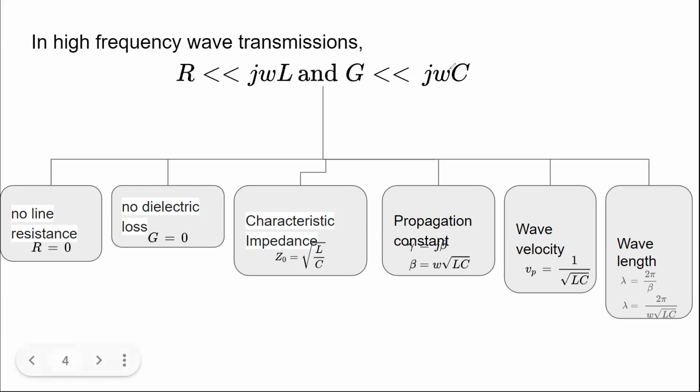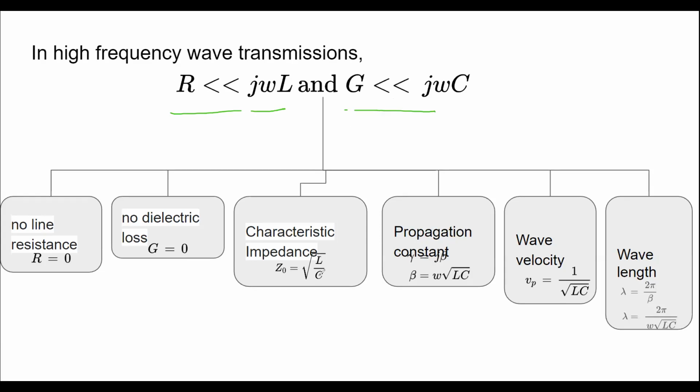So because of these reasons, we can make the assumption that R is equal to 0, G is equal to 0. Likewise, the same assumptions we can make as the lossless case for the high frequency wave transmission case, because in that case, we have this relationship of resistance being negligible compared to inductance and capacitance.